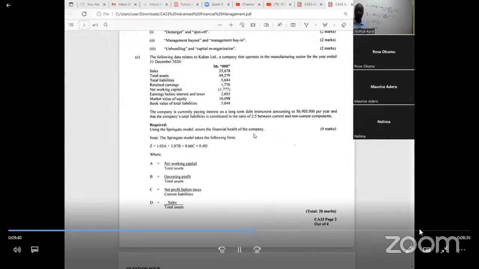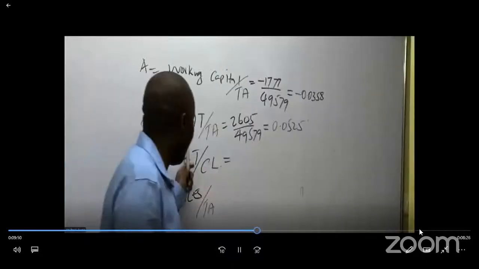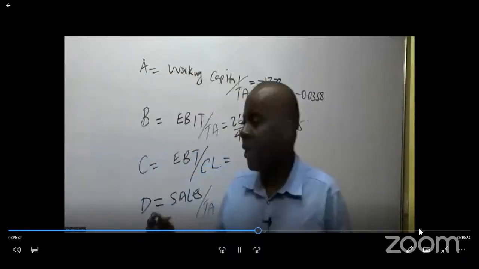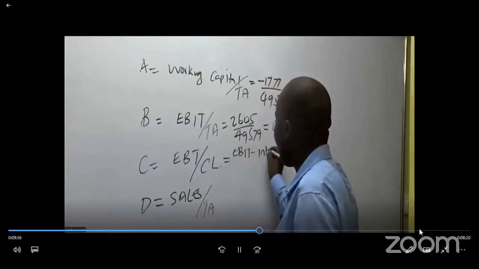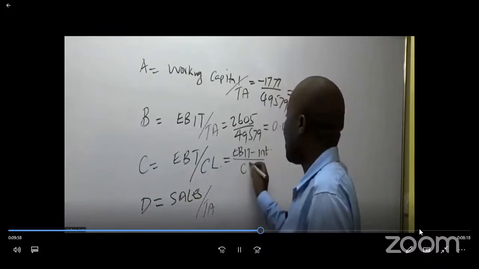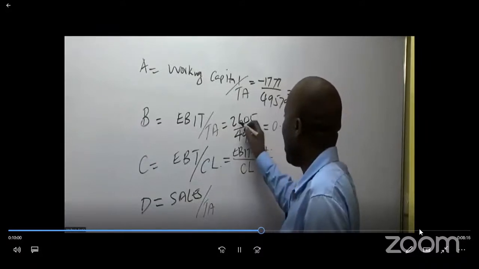This basically means that you go to the EBIT given, earnings before interest and tax, and you subtract interest. So to get EBT, you take EBIT minus interest, all over current liabilities.